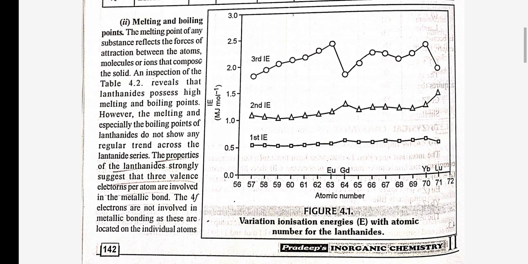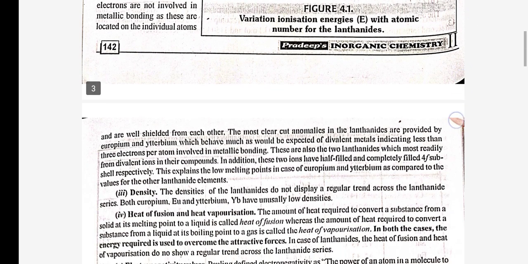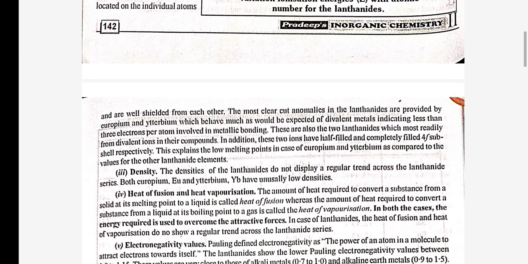However, the melting and especially the boiling points of the lanthanides do not show any regular trend across the lanthanide series. The property of the lanthanides strongly suggests that 3 valence electrons per atom are involved in the metallic bond. The 4f electrons are not involved in the metallic bond, as these are located on the individual atoms and are well shielded from each other.